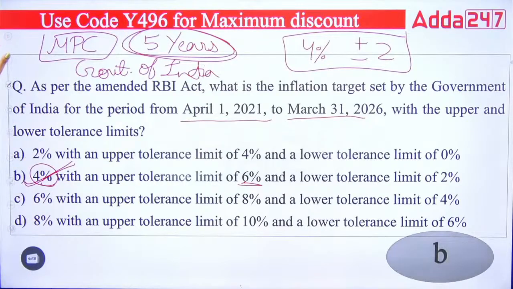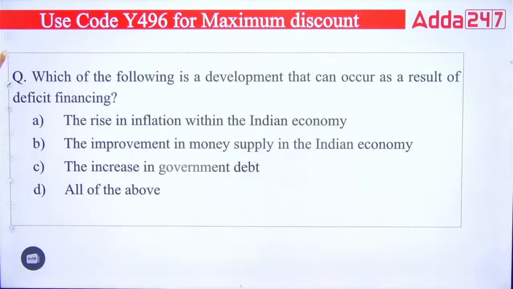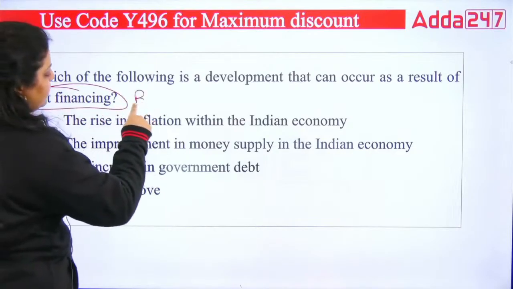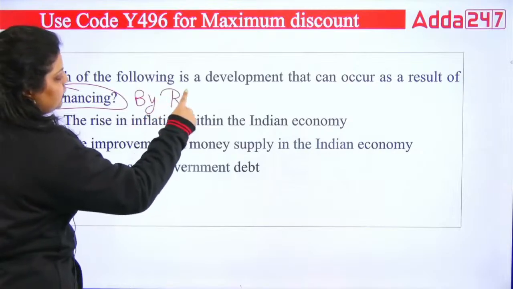Okay, next. Next we have: which of the following is a development that can occur as a result of deficit financing? So deficit financing is a function that is performed by RBI for the Government of India.